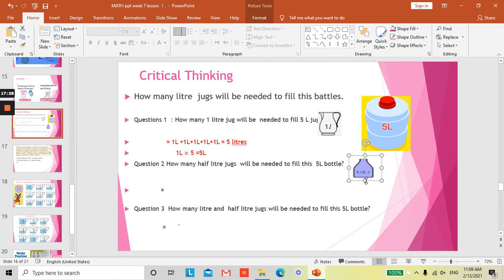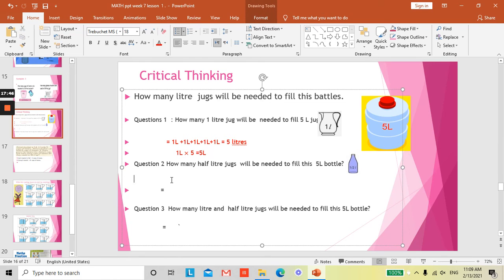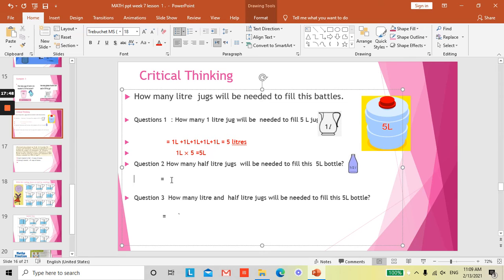Here I have a bottle. How many half-liter jugs or bottles will be needed to fill this? We said 2 half liters is equal to 1 liter. Let's see how we are going to work on this.